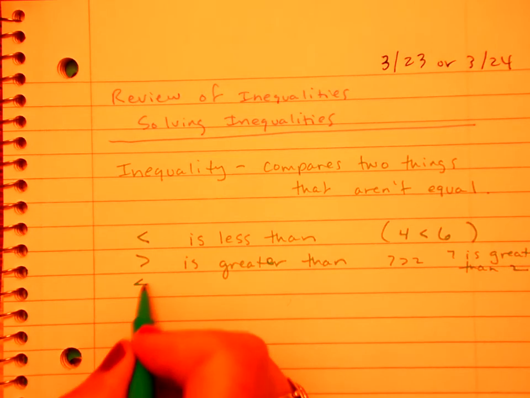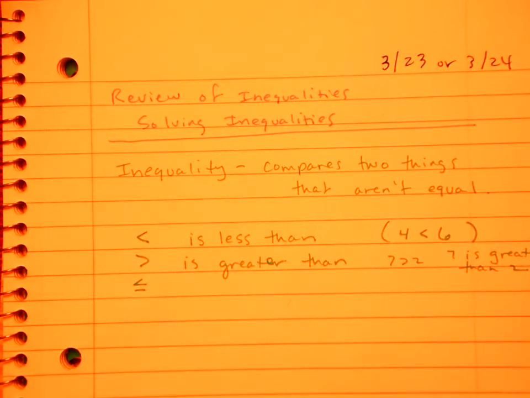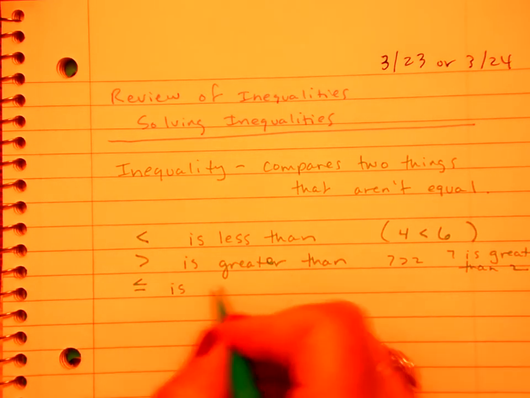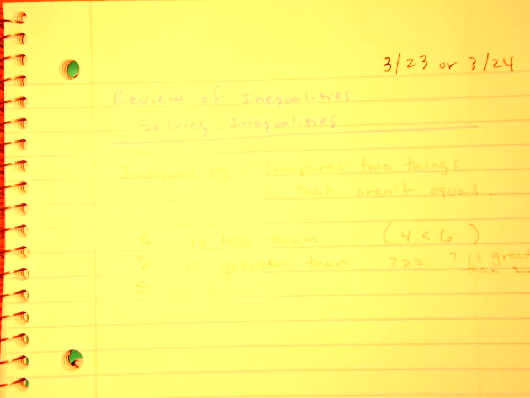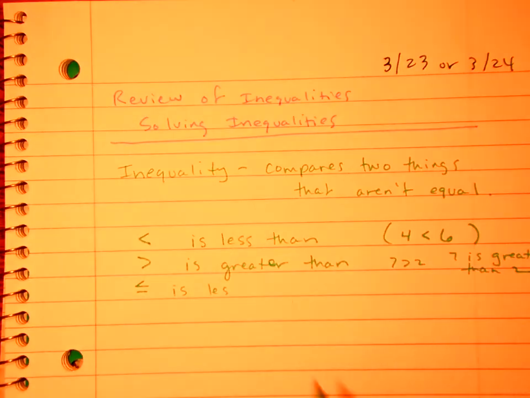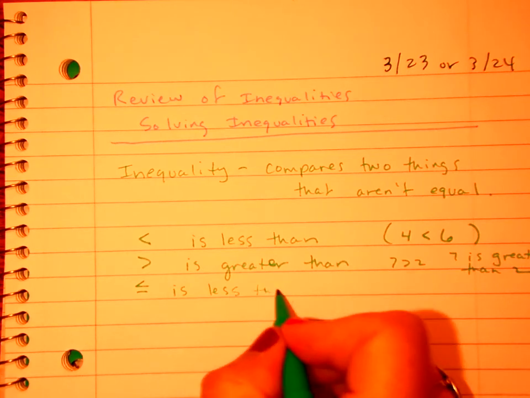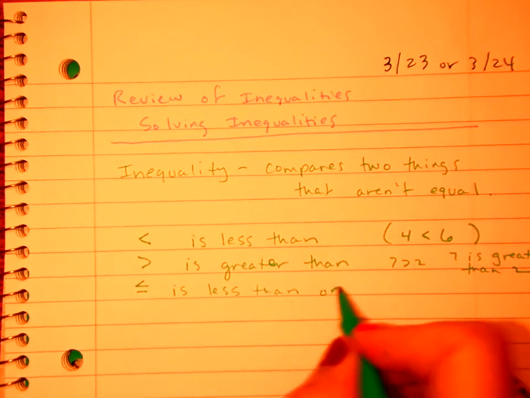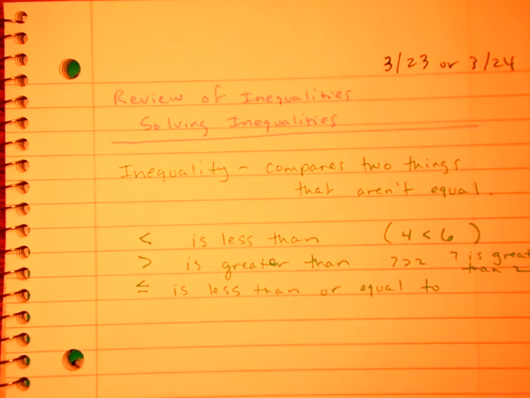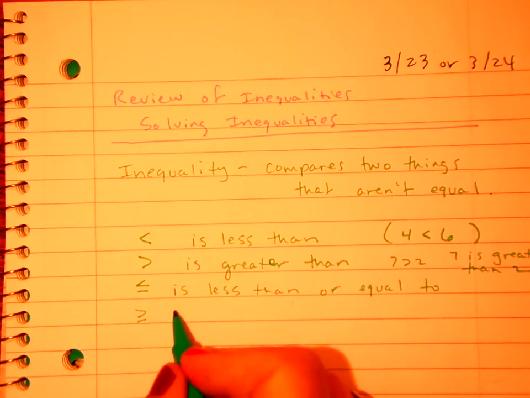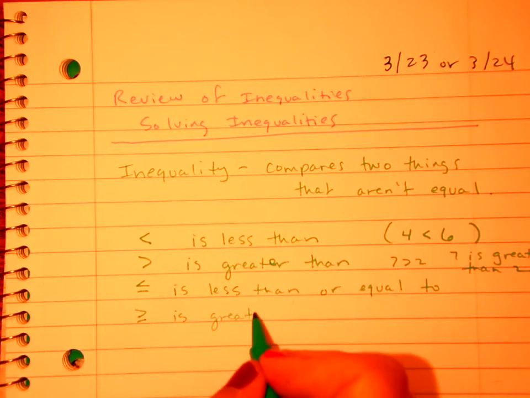Okay, if it has a line underneath it, this means is less than or equal to. Oh, I don't have the line on that. There we go. And then this symbol would be is greater than or equal to.